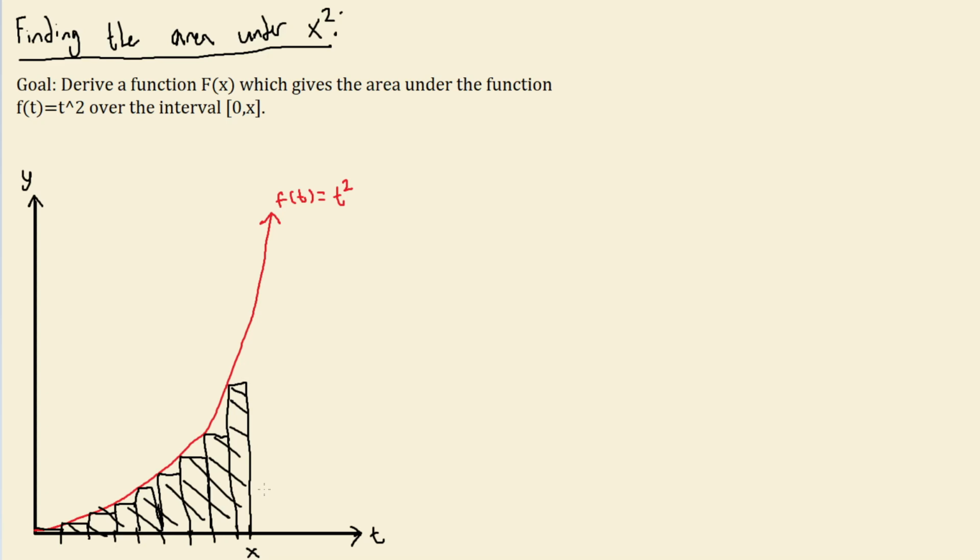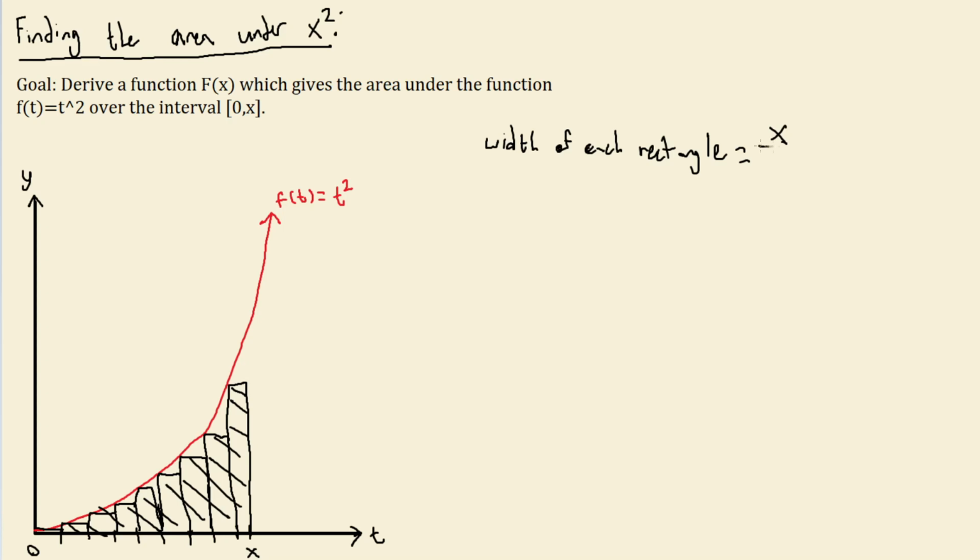Well, what I'm noticing here is if the rectangles are evenly spaced, meaning each one of them has the exact same width, this width is equal to this width, etc. The width has to be the length of the interval, which if this is ranging from 0 to x, is just going to be equal to x. So I'll write this here. The width of each rectangle must be equal to the length of this entire interval divided by the number of rectangles.